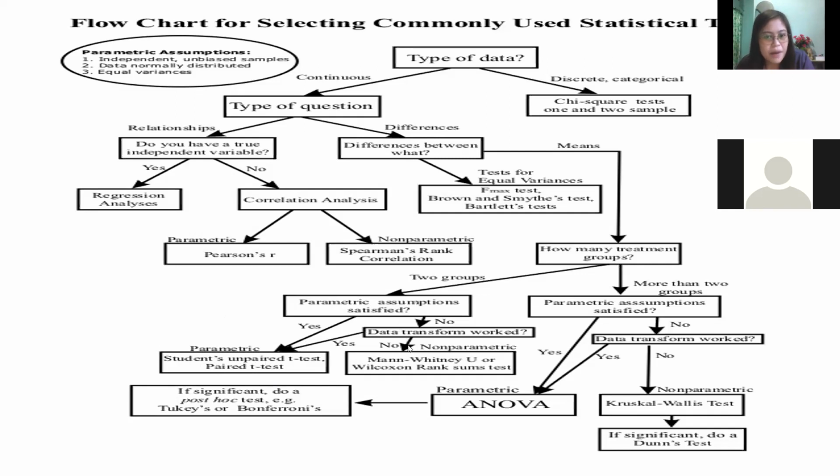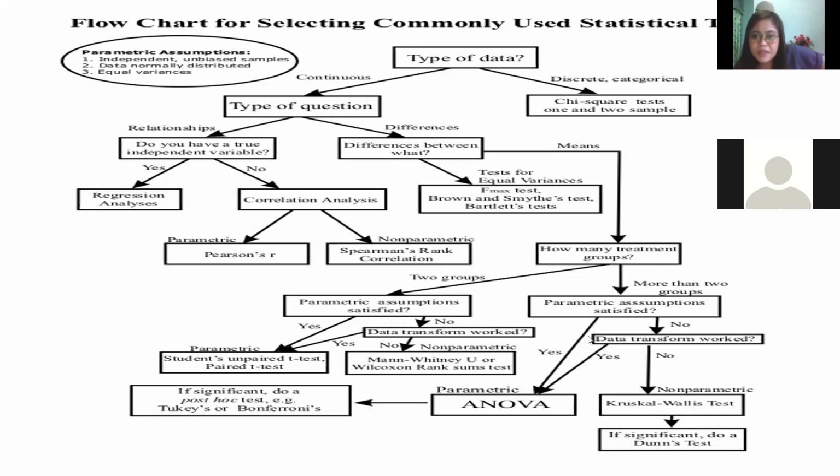But if the parametric assumptions are not satisfied, the non-parametric equivalent of the t-test is the Mann-Whitney test or the Wilcoxon rank test. But class, in research, not all the time do we have only two groups in our sample. Sometimes there are more than 2 groups. So with more than 2 groups, the t-test will not be applicable.